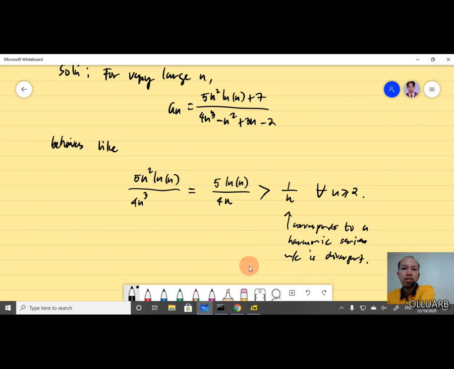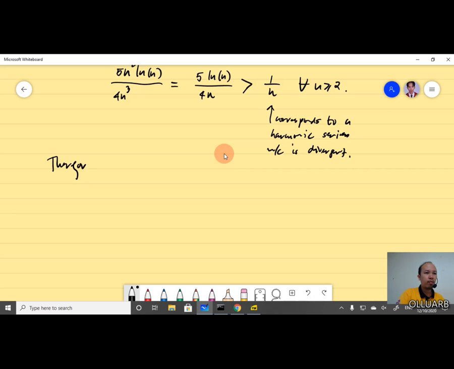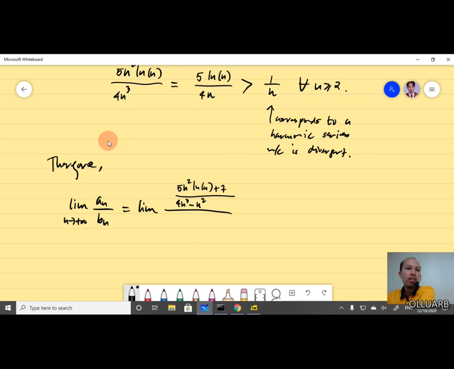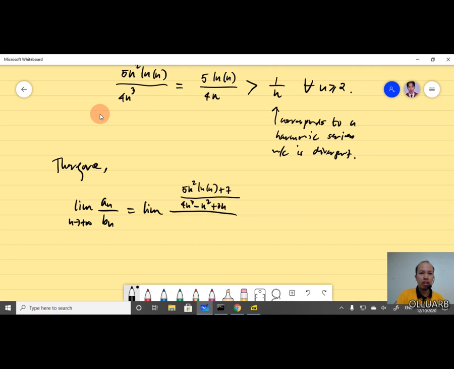Okay, so therefore the limit of a sub n over b sub n as n approaches positive infinity, we substitute: 5n squared ln of n plus 7 over 4n cubed minus n squared plus 3n minus 2, over 1 over n, as n approaches positive infinity.